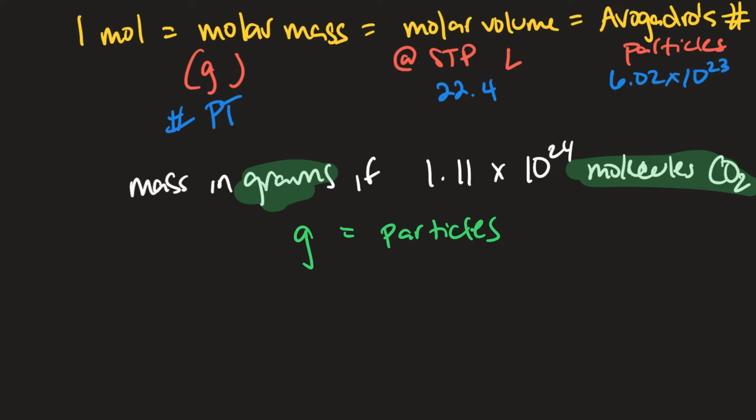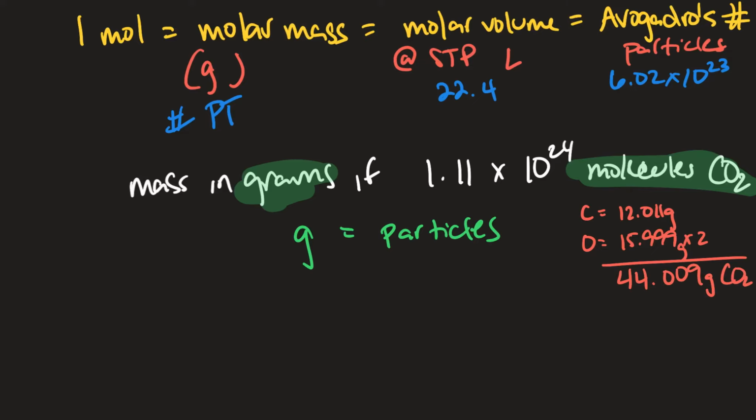Okay, so let's first figure out the molar mass of carbon. When you go to the periodic table, you see that carbon is 12.001 grams. That's the molar mass of carbon. The molar mass of oxygen is 15.999, and there are 2 of them. So when we add this up, we get 44.009 grams of CO2.